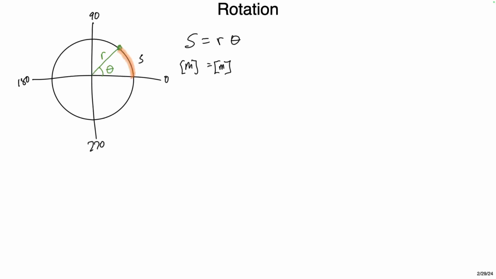So what units does theta have to have in order for meters to be equal to meters? We have to multiply by a theta here. What are the units of theta?